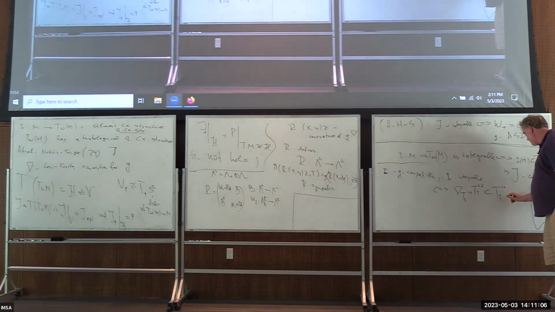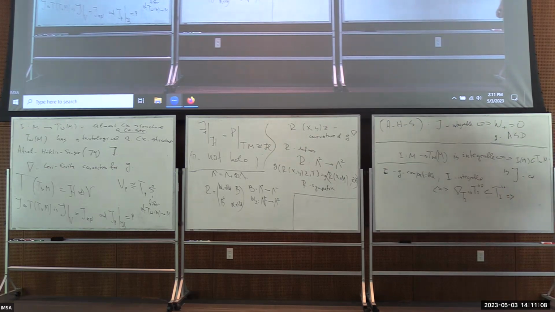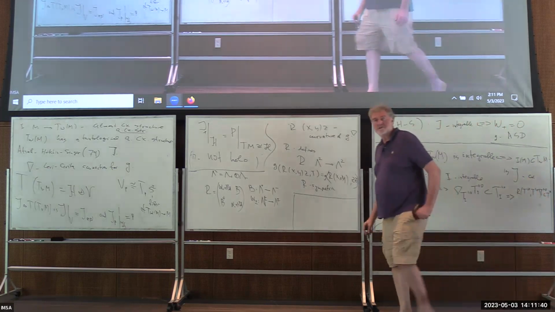And from here it follows very easily because, after complexifying, these are all isotropic spaces. That's one of the interpretations of an orthogonal complex structure. So from here it follows that we have this curvature condition, which is like the first integrability condition for an almost complex structure.